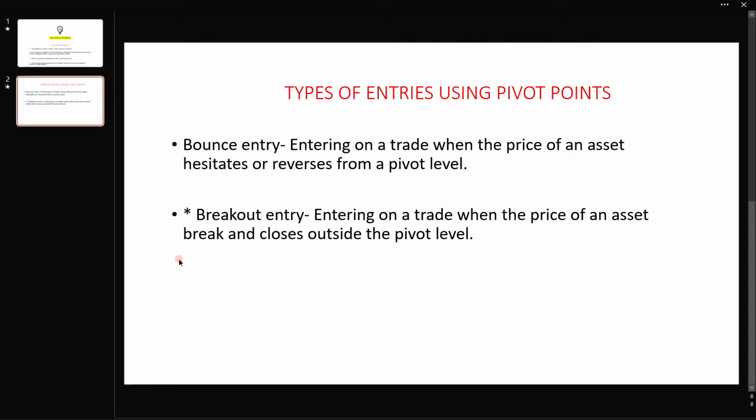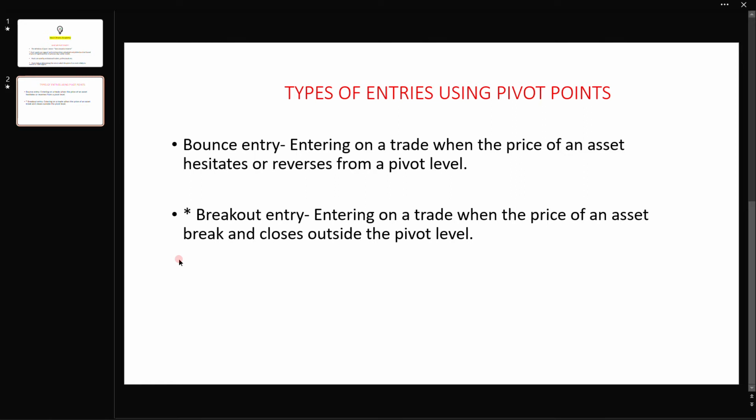And the second type is the breakout entry. For a breakout entry, you have to wait until the candle closes above or below the pivot point. For example, let's say BankNifty has been in an uptrend, and when the price reaches a resistance level in the pivot point, you may think that the price may be about to go down from a bullish trend to a bearish trend.